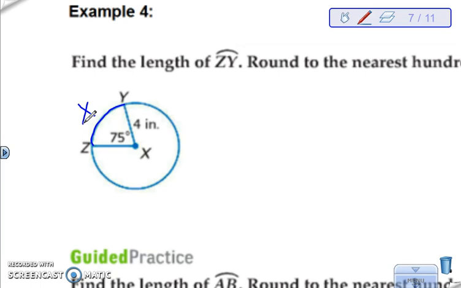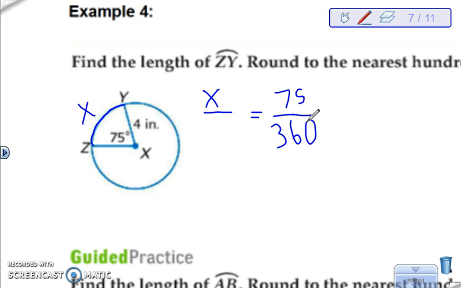We know that the length of the arc is going to be proportional to the rest of the circle. So I notice I'm looking for the arc length this time. They gave me an angle in degrees, and I know that the total number of degrees in the circle is always 360. Instead of a percentage, they want me to find a length, right?